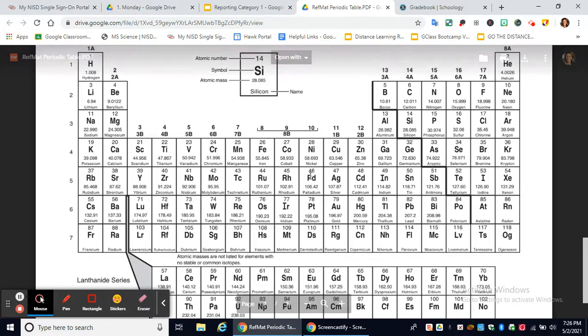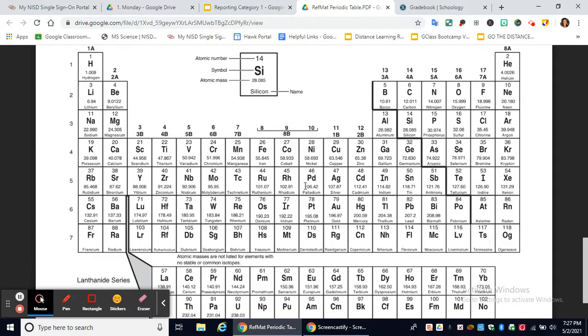Here it is. So what we want to do is look at 106.4. 4 is below 5, so that's going to stay at 106. So we're going to take the mass number now, 106, and we're going to subtract the atomic number, 46, and we get 60.